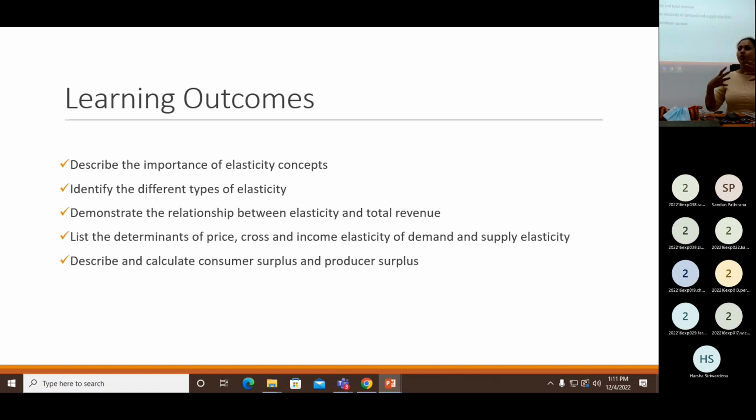So make sure you constantly look at learning outcomes and evaluate yourself. Can I do this? If you cannot, you have to work on it. You can always ask me, get help, guidance, and work on yourself, right? Yes, so these are the learning outcomes of your lesson. Can you quickly read them through silently?